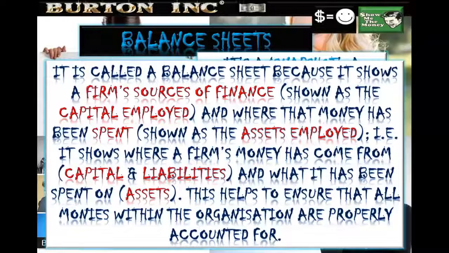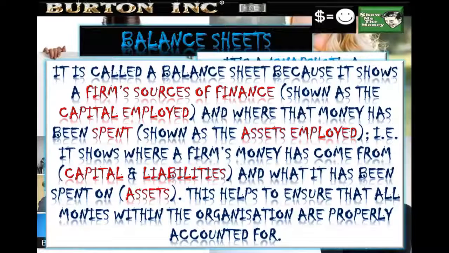I hope you're taking notes here. It also shows where that money's been spent, and that's assets employed. Where a firm's money has come from, capital and liabilities, and what it's been spent on, assets.